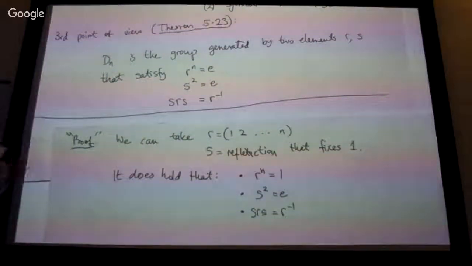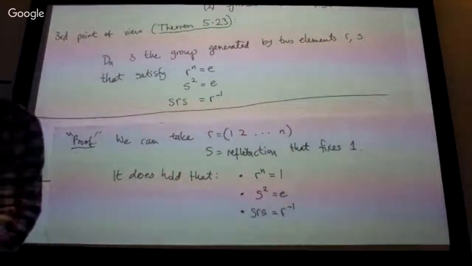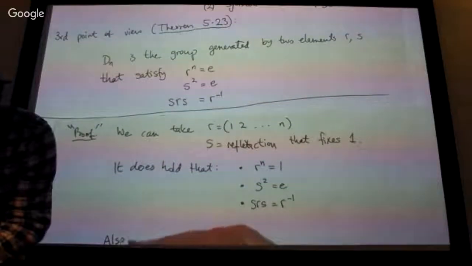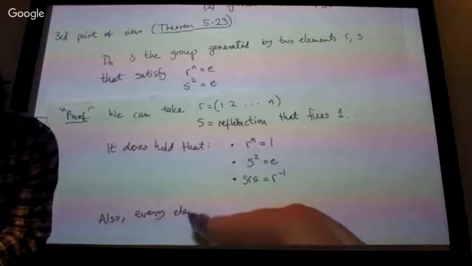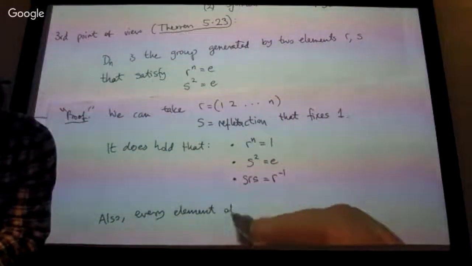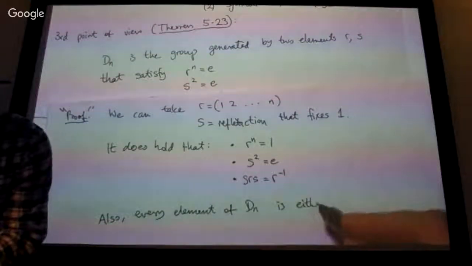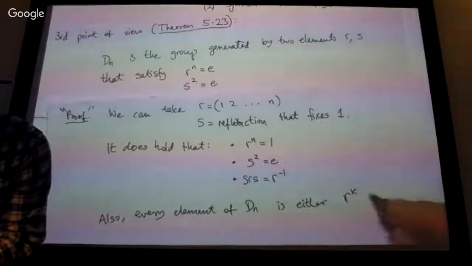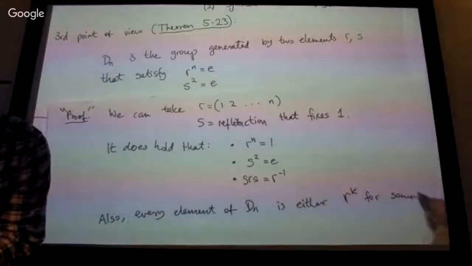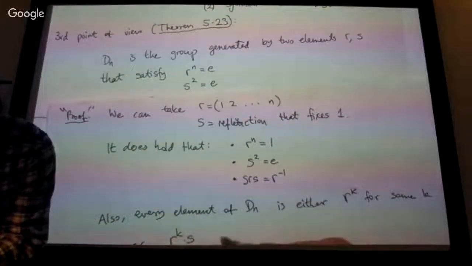So every element of D_n is either r to the k for some k, or r to the k times s for some k.